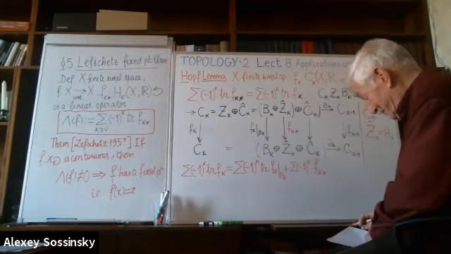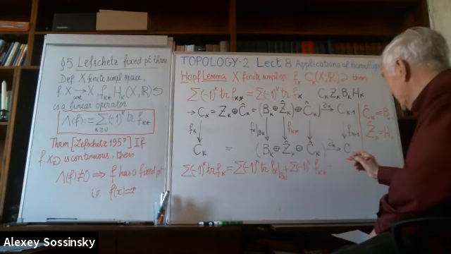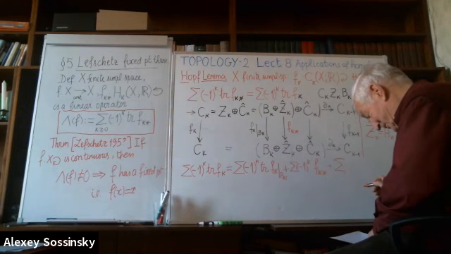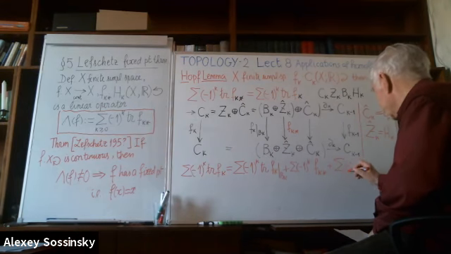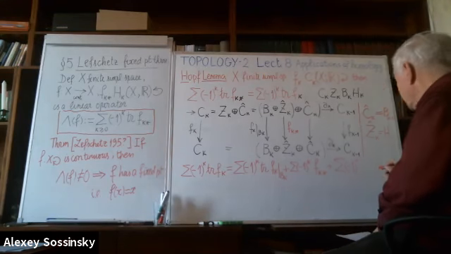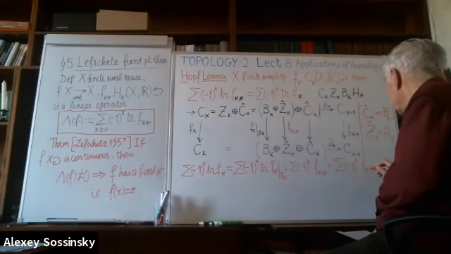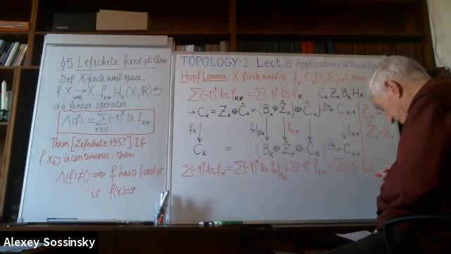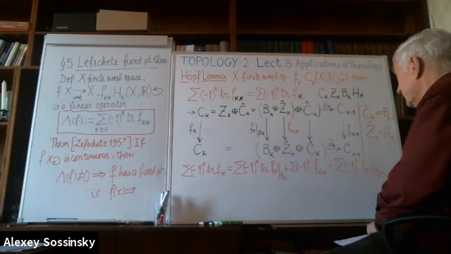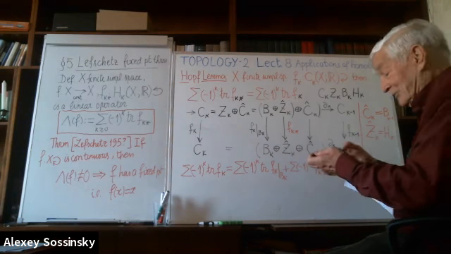But the right-hand side also has some other summands. Minus 1 to the k of f k minus 1 by b k minus 1. And now we're really done.